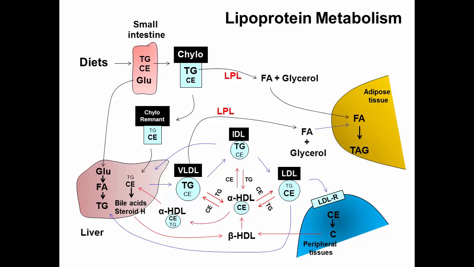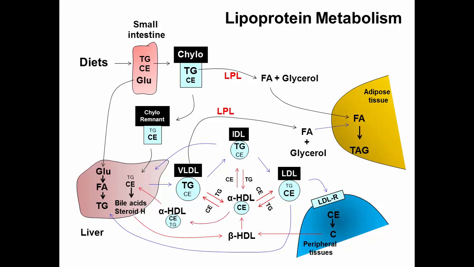LDL receives lots of cholesterol esters from HDL and gives some triglyceride back to the HDL, right? So LDL then becomes a cholesterol ester rich lipoprotein, and again most of the LDL is picked up by the liver, and the reason is because the liver has a higher content of LDL receptors, right?